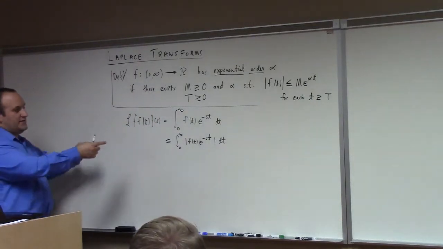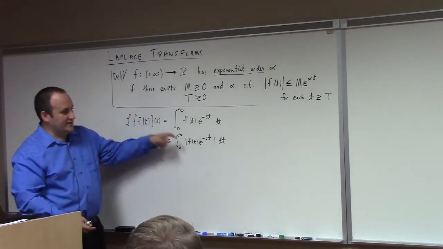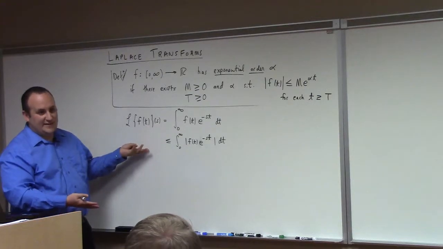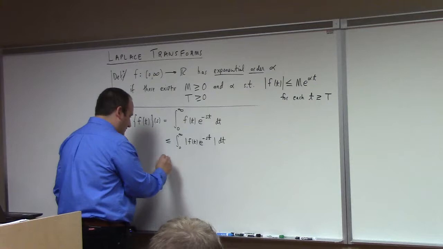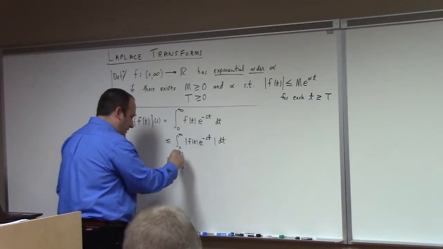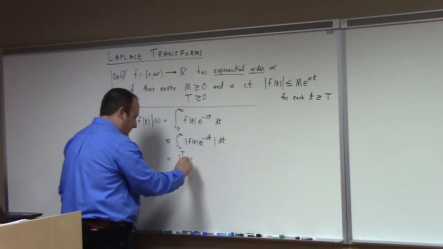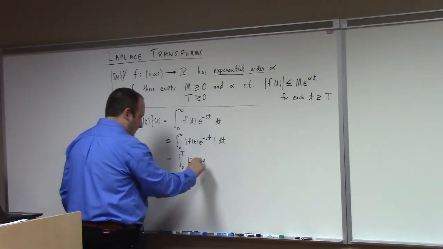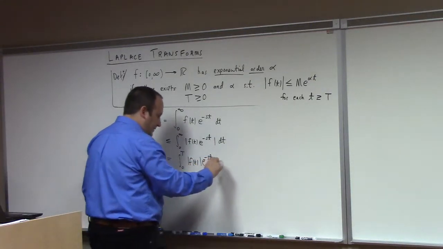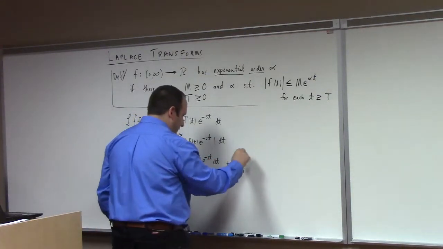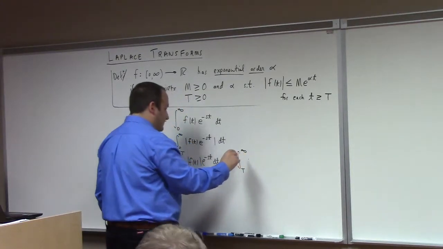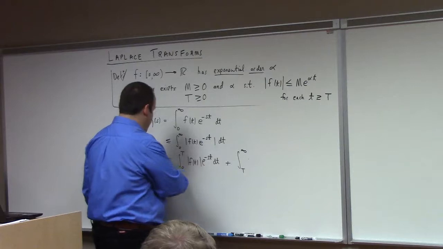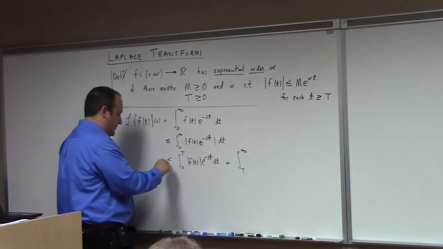Anyway, so I'm just saying the integral of the absolute value of the function is larger than the function, right? I mean, this is not shocking. And then you can break this up into the integral from 0 to T of the absolute value of f of t e to the minus st dt, plus the integral from T to infinity of, let me just do a little bit less writing here.